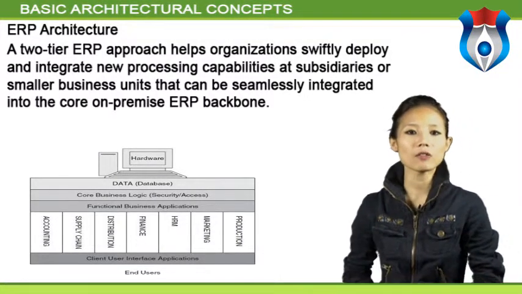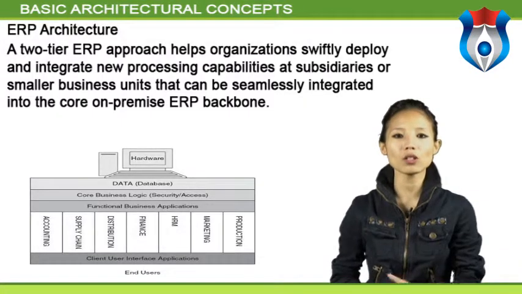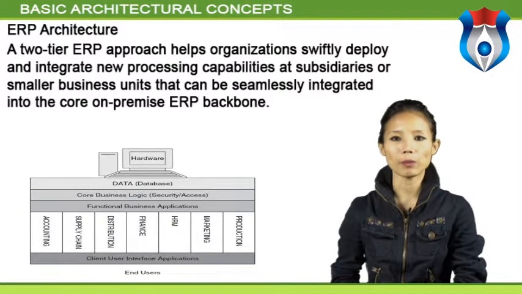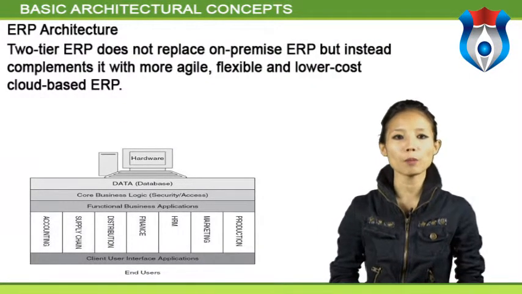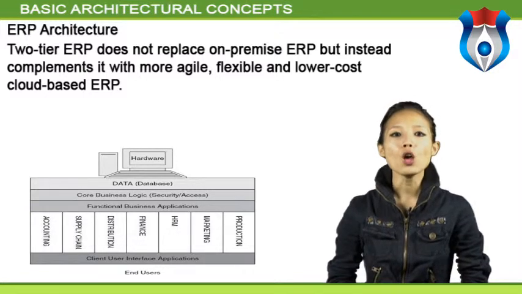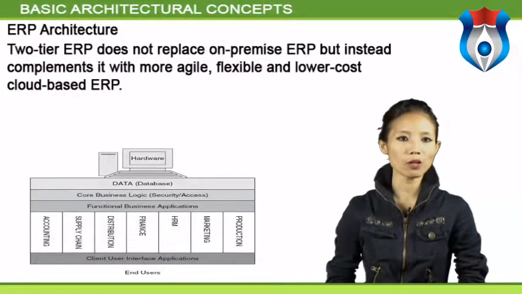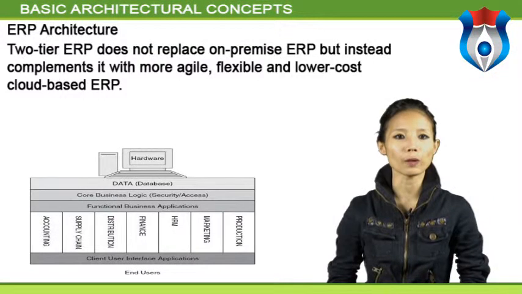This approach significantly reduces the time and cost required to implement, support, and maintain ERP capabilities. Two-tier ERP does not replace on-premise ERP, but instead complements it with more agile, flexible, and lower-cost cloud-based ERP.